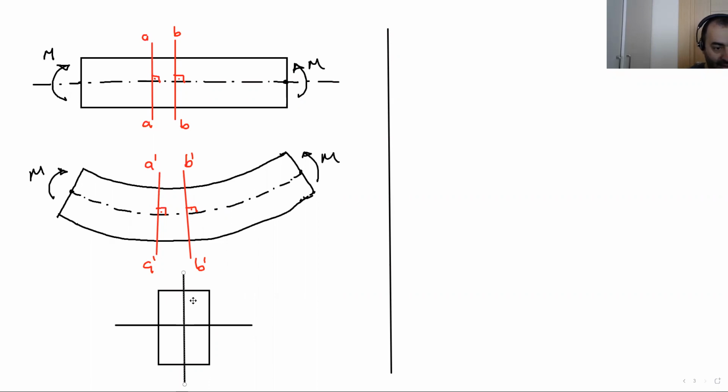The dotted line is on this horizontal axis.